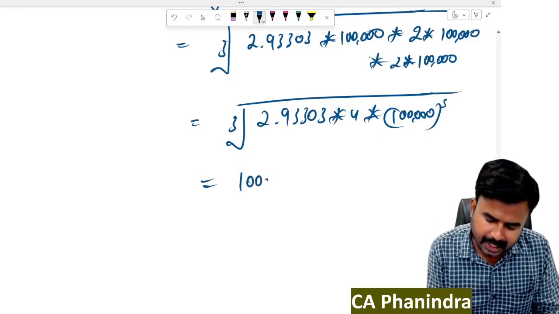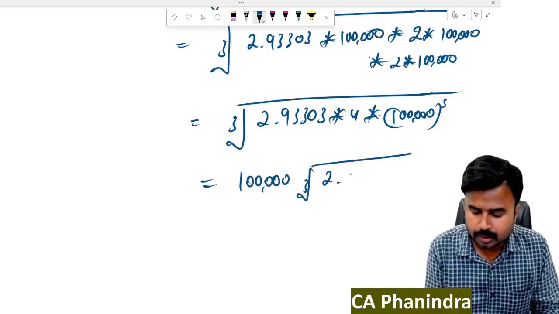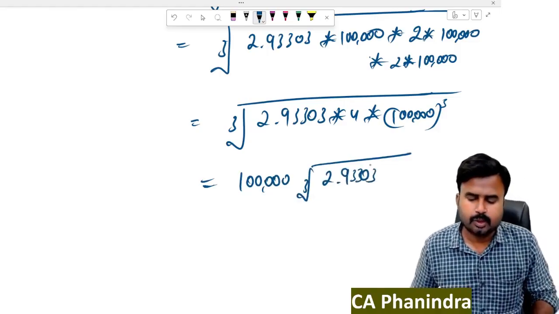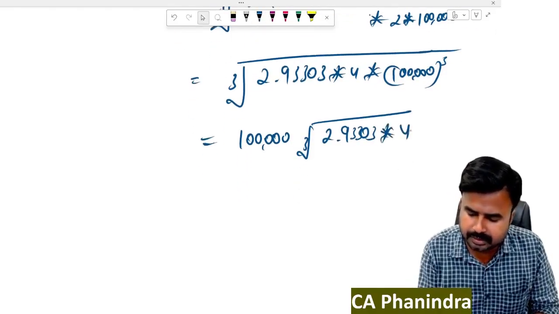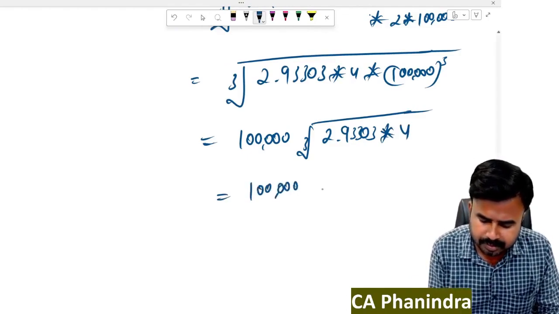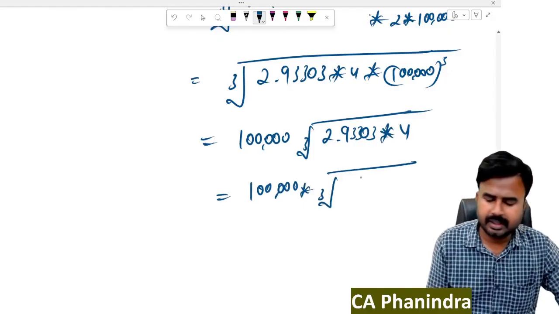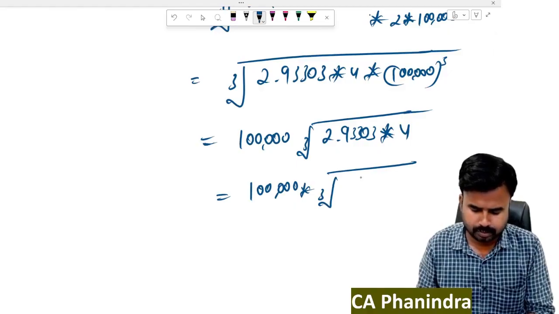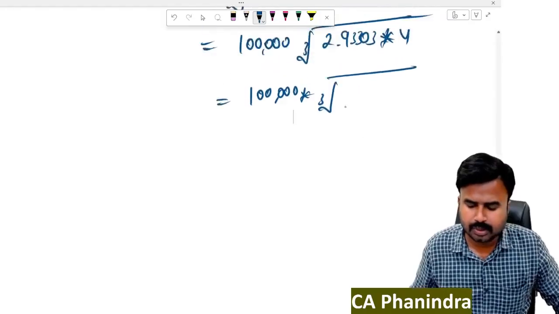Then I'll get 1 lakh into the cube root of 2.93303 into 4. Now you should calculate this cube root of 2.93303 into 4, that is 11.73212.